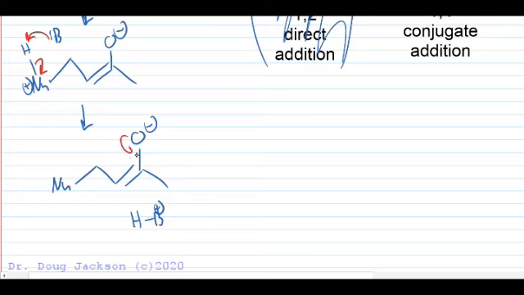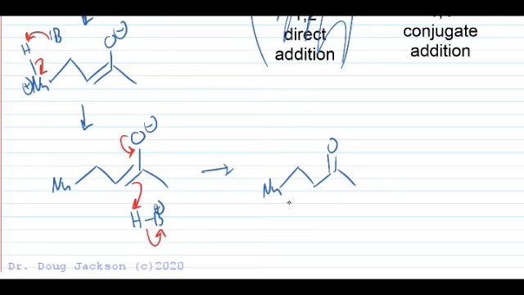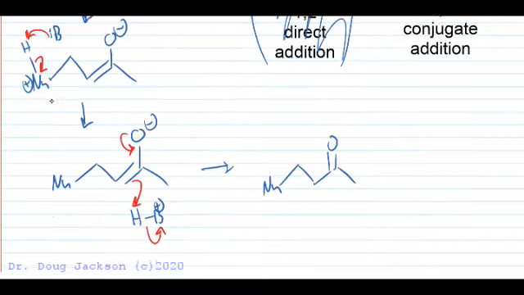We can tautomerize directly back to the ketone. And there's our 1,4 conjugate addition product. Okay, so we could see examples of both, because there are anionic bases that are weak and there are neutral bases that are weak.